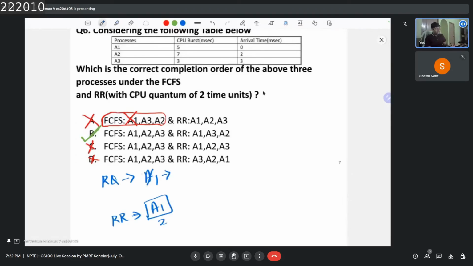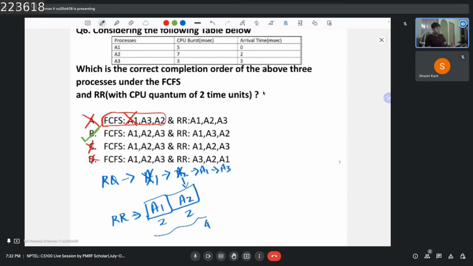So now A1 gets deleted, now A2 would have arrived, and A1 gets preempted and added into the ready queue, and now A2 gets executed on the CPU for 2 time quantum units. And by the time A2 finishes, A3 would have arrived, because now 4 units have gone. So at arrival time 3, A3 comes. So that gets added into the ready queue.